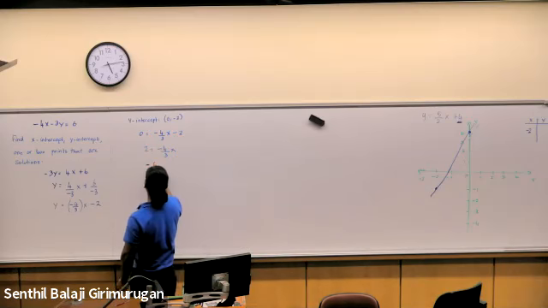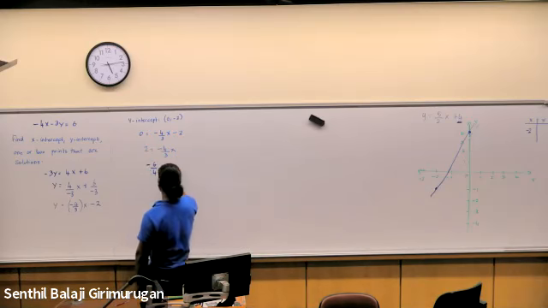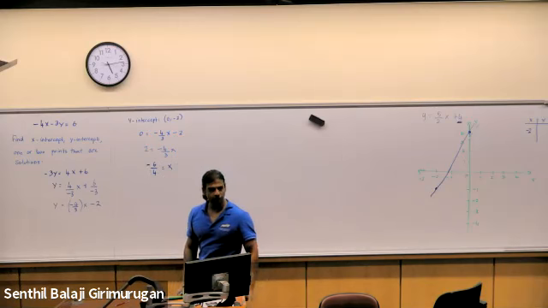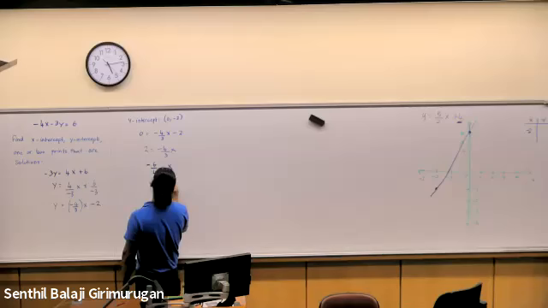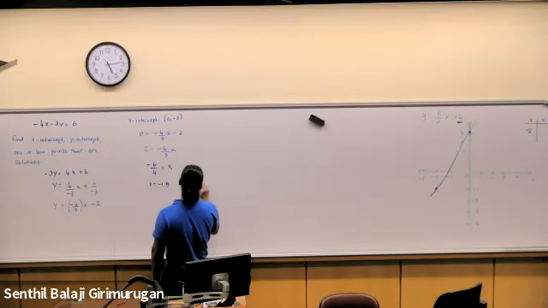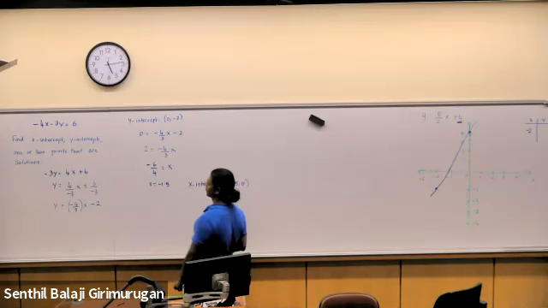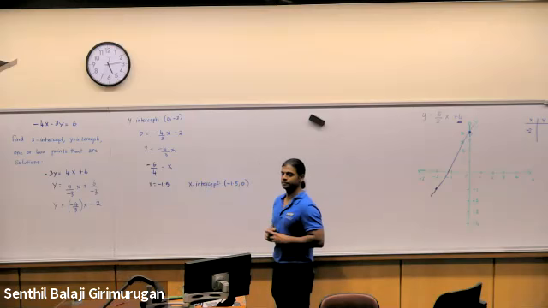At the end of the day, you'll get -6 over 4, which is -3 over 2. So it is -1.5. So the x-intercept is negative 1.5, 0. Does that make sense?